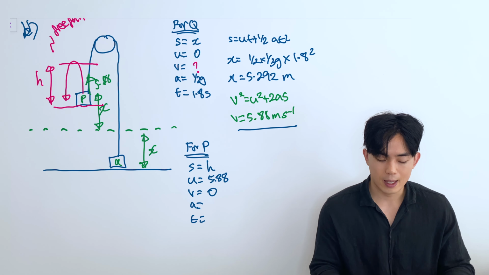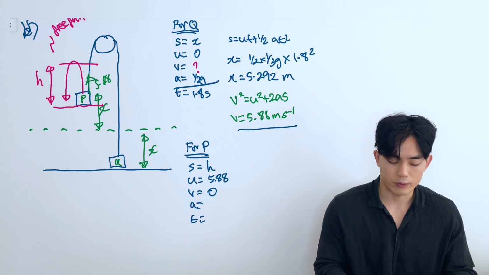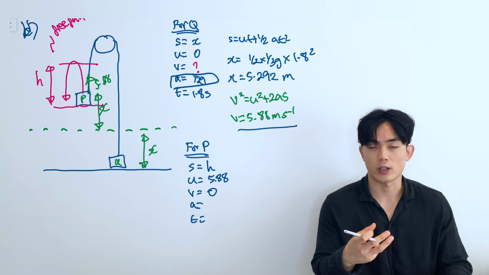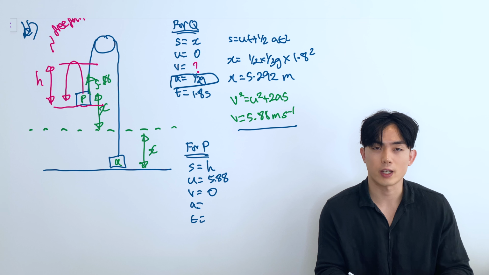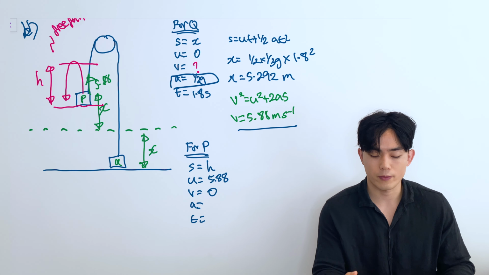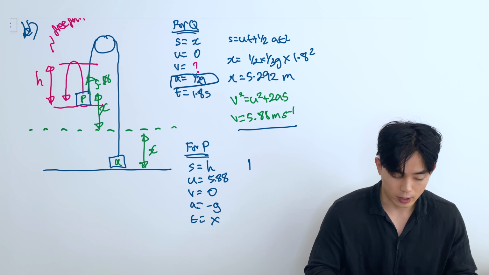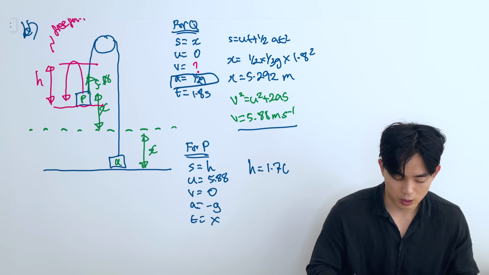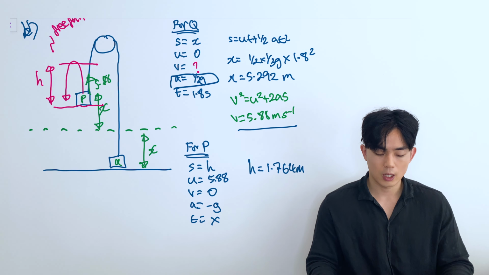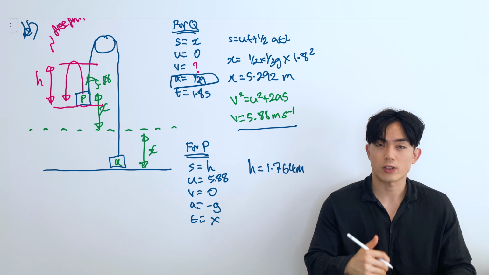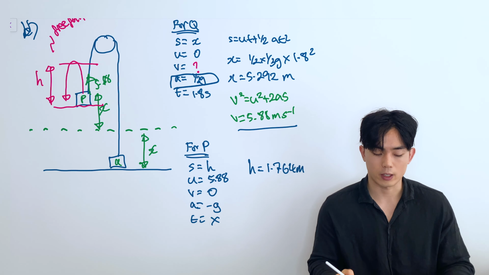Now A is no longer going to be the 1/3g from part A, because Q is no longer pulling it, it's just the acceleration of g, which is going to decelerate it. So A is going to be negative g, and T we don't have to work out. Using any SUVAT equation, you should get that H is equal to 1.764 meters. So P is going to travel an extra 1.764 after Q has hit the ground.